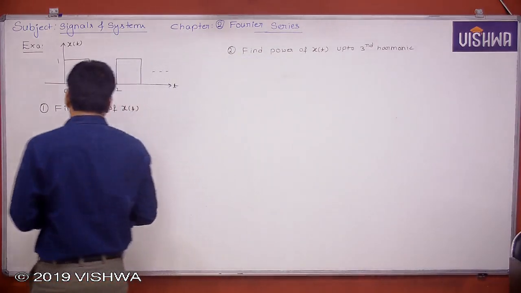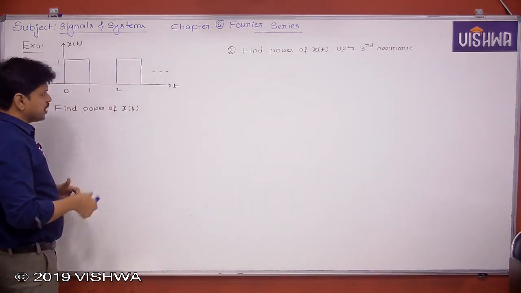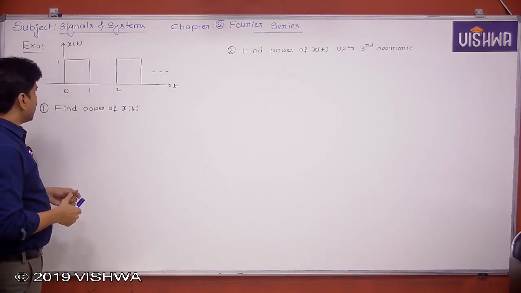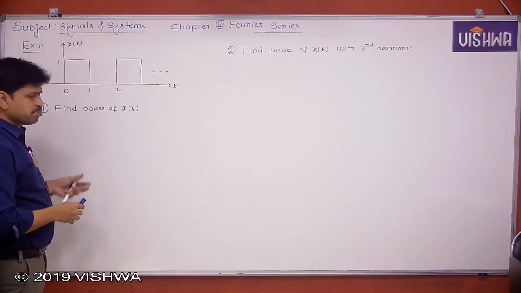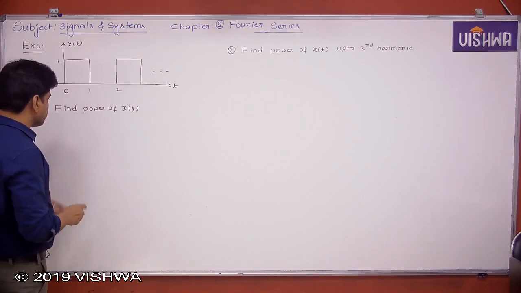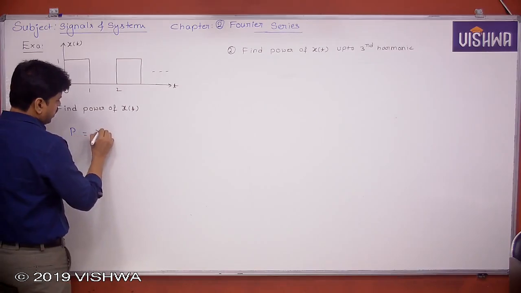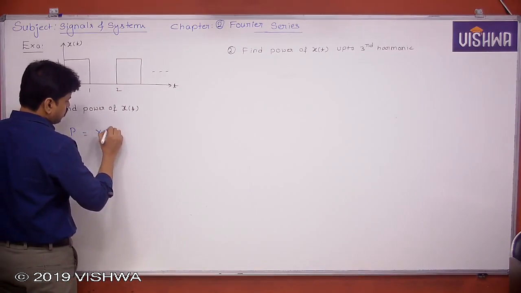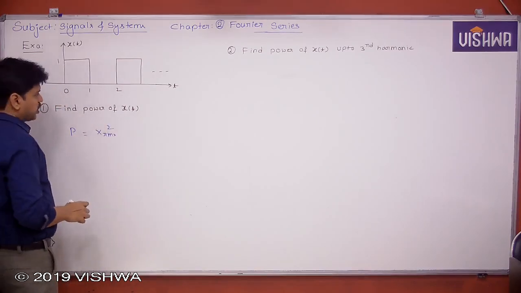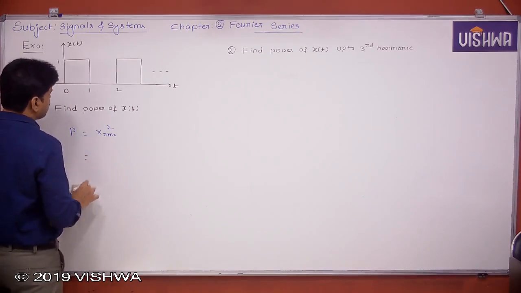We know what x of t is, so we can write it. Otherwise, because it is a periodic signal, I can directly find out the power. Power is equal to x RMS square. So what is the x RMS value for a periodic wave?